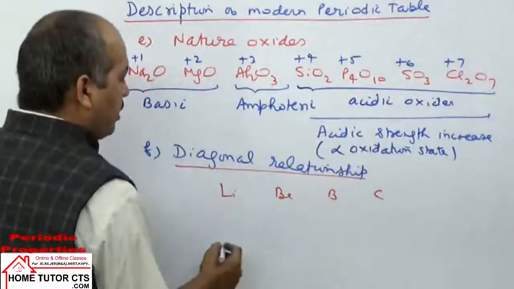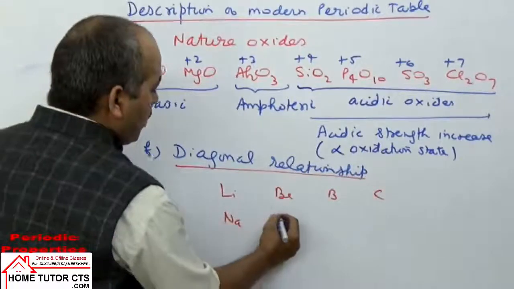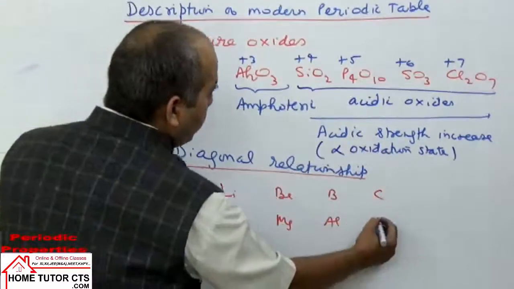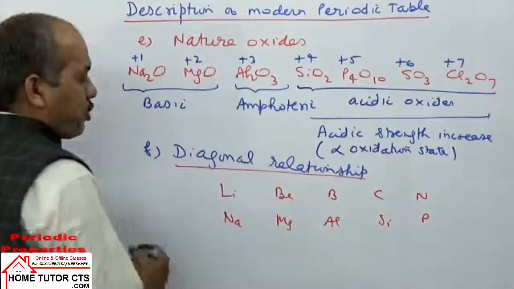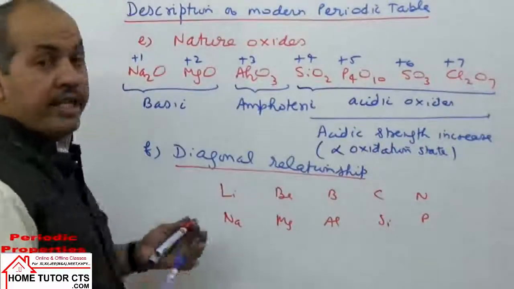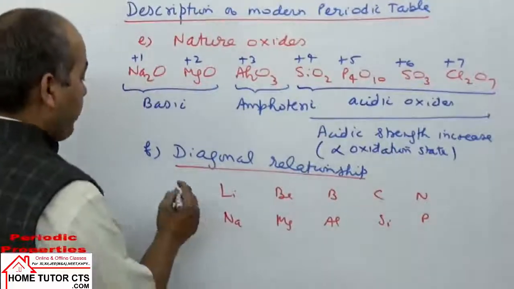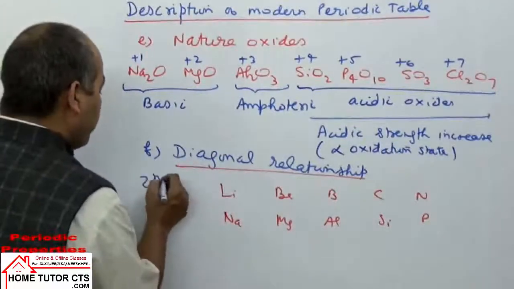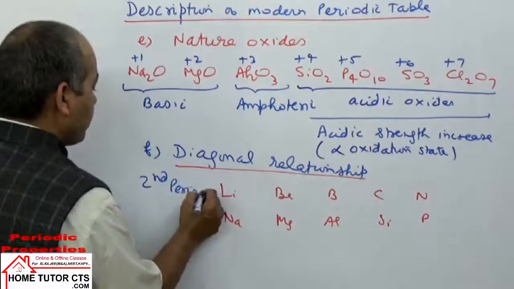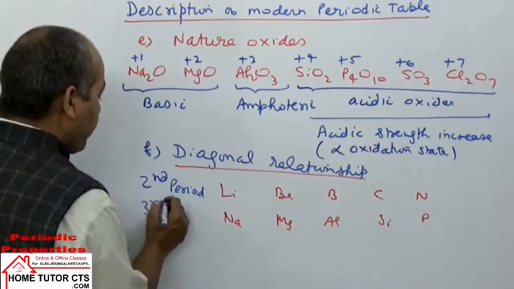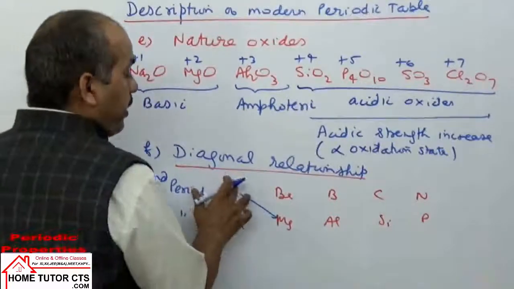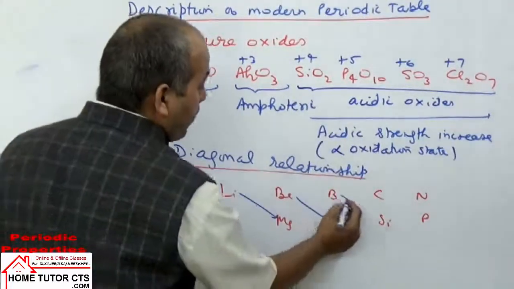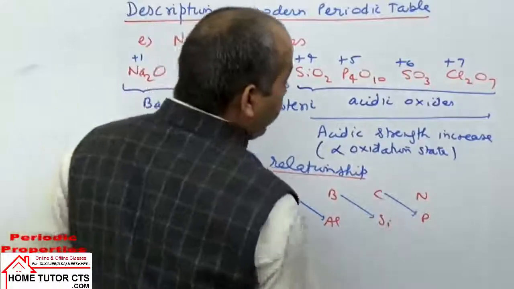We have sodium, magnesium, aluminium, silicon. If it is nitrogen, we have phosphorus. So what is observed here is that the properties of an element of the second period resemble more the element of the third period coming diagonally opposite.